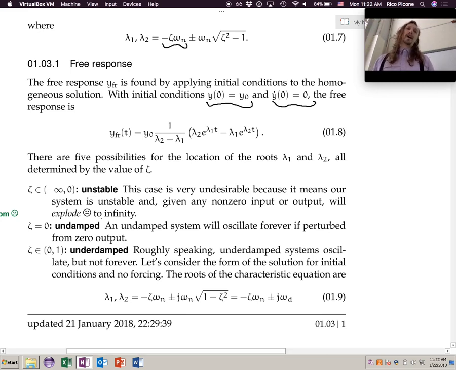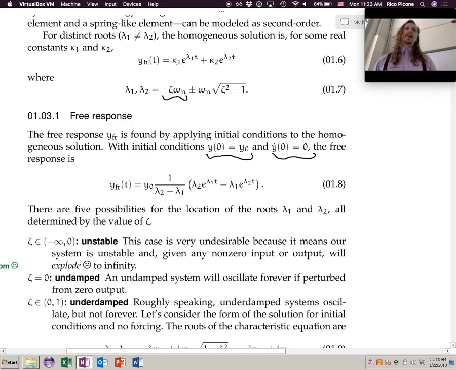What we have right now is one that is undamped that just oscillates. Zeta equals 0 gives us a homogeneous solution. Our lambda 1 and lambda 2 get plugged into this solution.